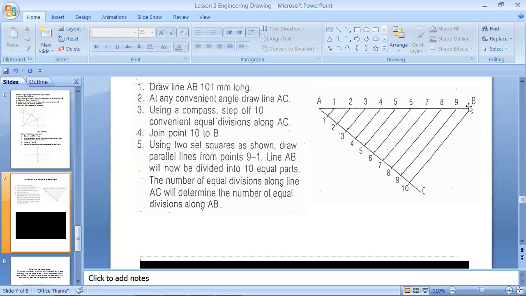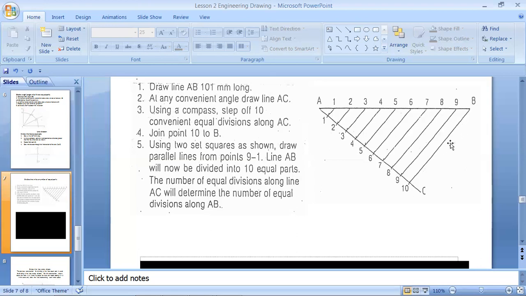We need to use 2 set squares in order to draw from 9 and get this line. All of these lines have to be parallel to one another, using 2 types of set square.